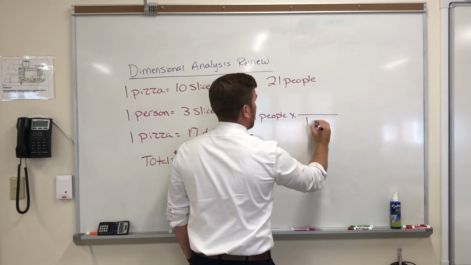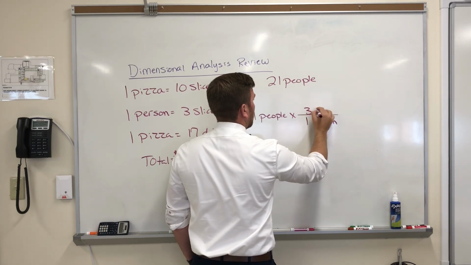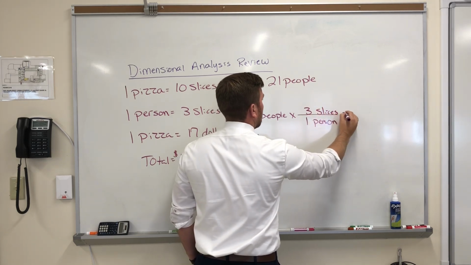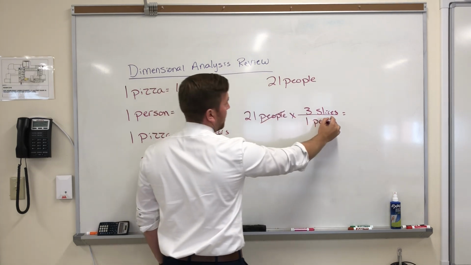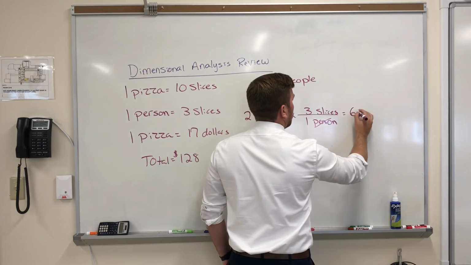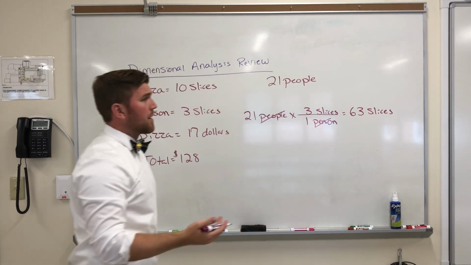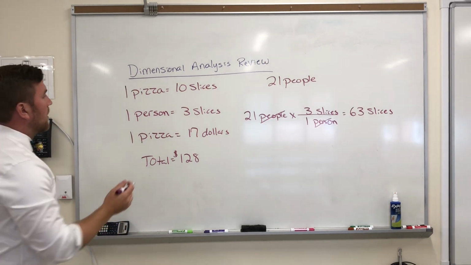So 1 person, 3 slices, so people or person cancels out. 21 times 3 is 63 slices.